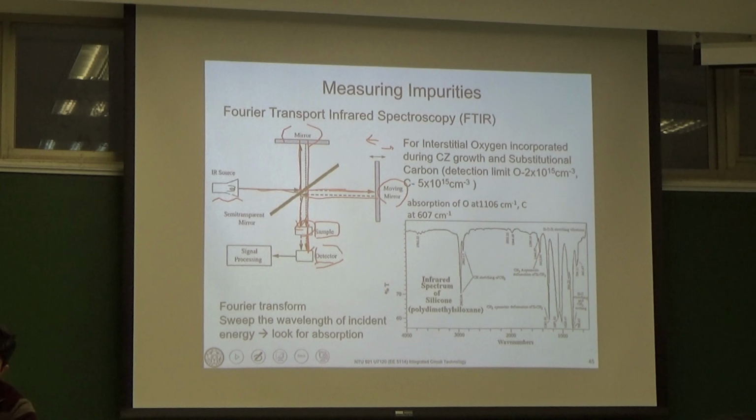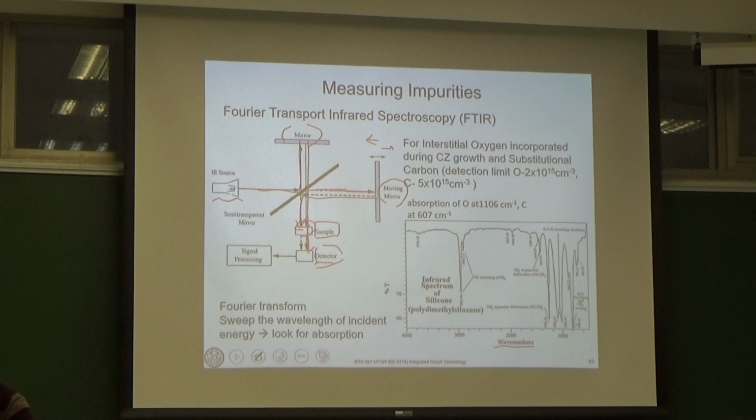Since you are moving the mirror periodically, like a sine wave, in the frequency domain it looks like a certain wave number, wavelength, or frequency. They all mean the same thing. Here we just plot in wave numbers.